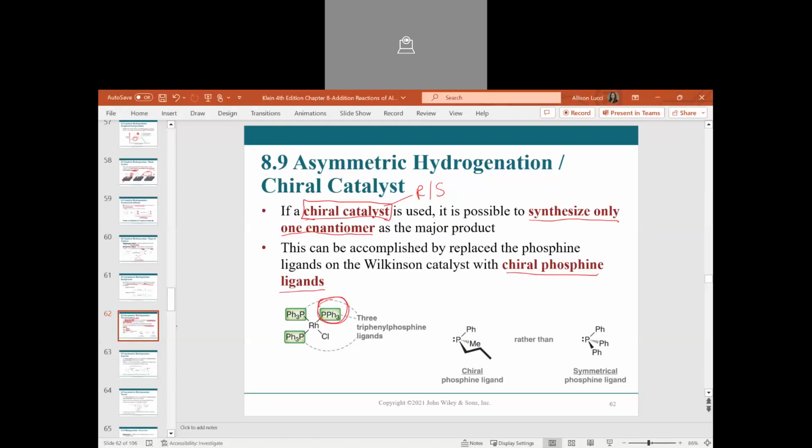So we can see when we have all the same ligand utilized here, all these phosphine ligands, and then we have a chiral center here. So on this phosphorus, it is creating this chiral center, and therefore we can be stereoselective, right? We can choose which of our products we want to synthesize.